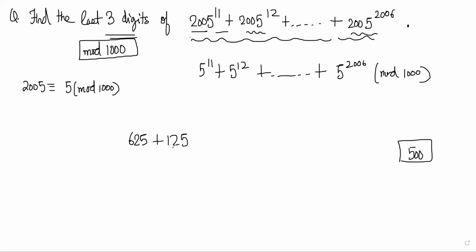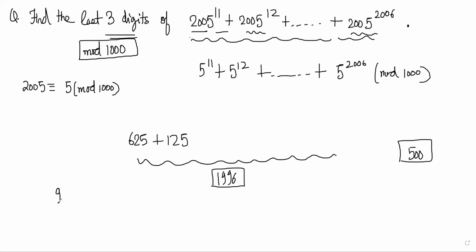But then you are counting the terms slightly wrong, I think. The total number of terms is 1996. Then there should be 998 terms of 625 and 998 terms of 125.